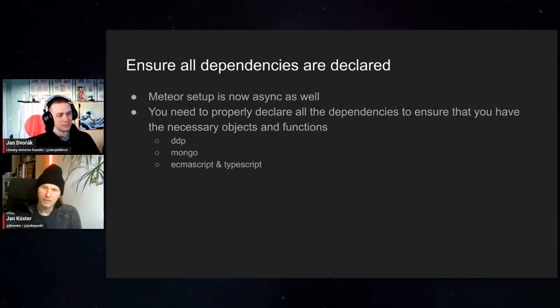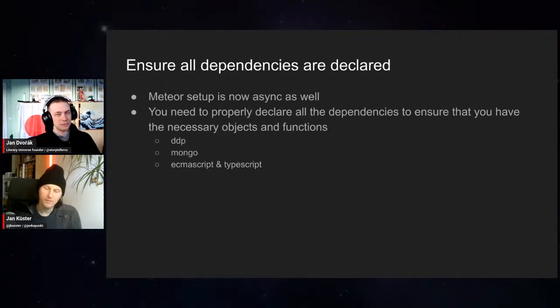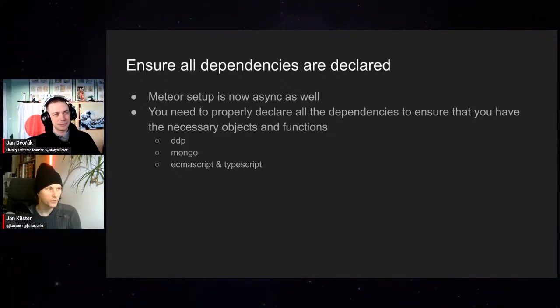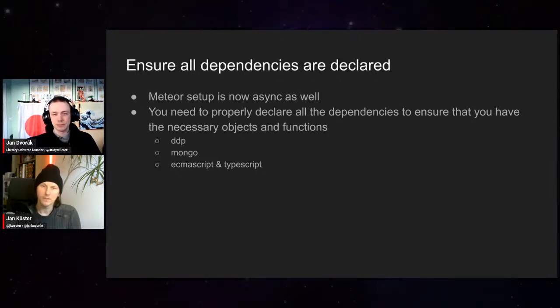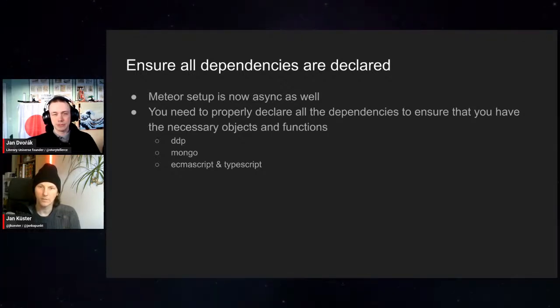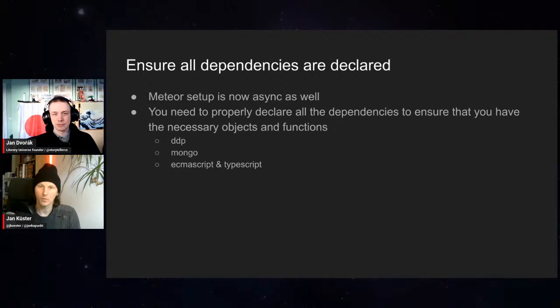I would also add that if you deal with very old packages, you will realize there were things added to the package that are not necessary to be added explicitly. For example, you don't necessarily need to add the mini Mongo package if you added the Mongo package. That's usually included there.